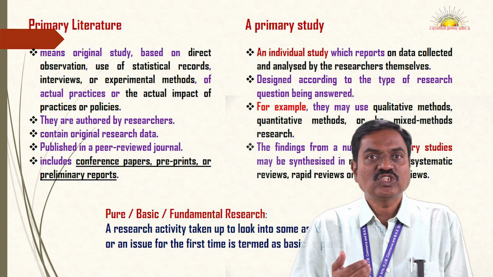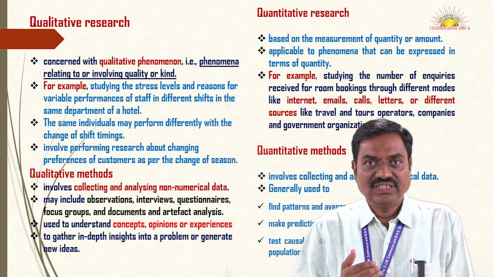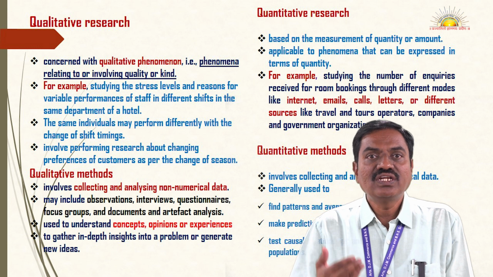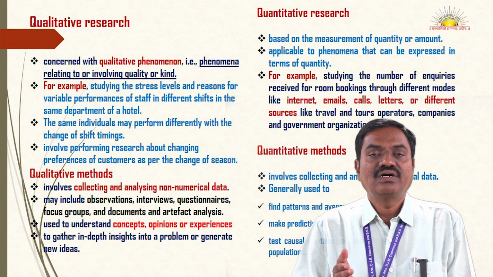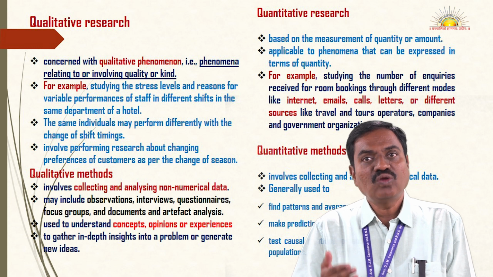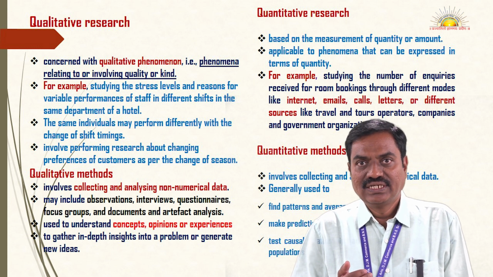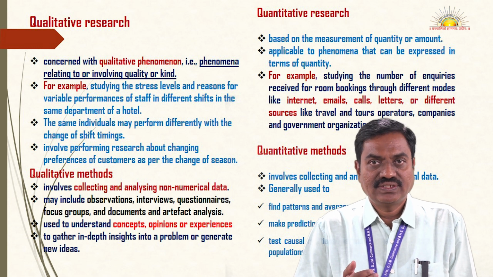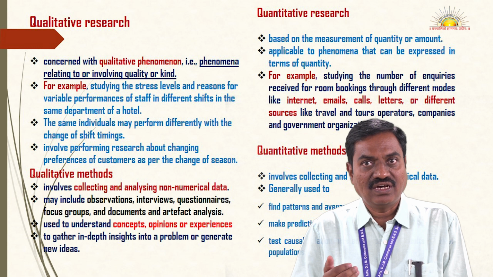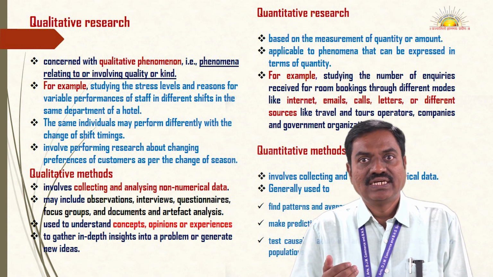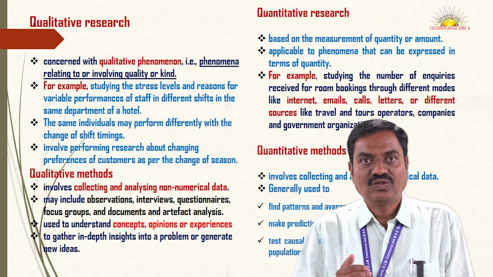The next term is qualitative research. Qualitative research is concerned with qualitative phenomenon, that is, phenomena relating to or involving quality or kind. For example, studying the stress levels and reasons for variable performances of staff in different shifts in the same department of a hotel can be an example.